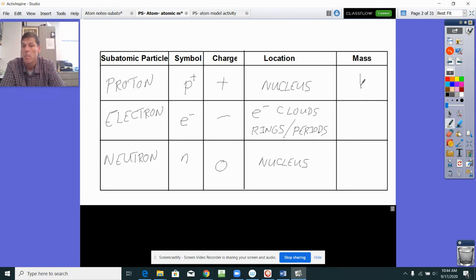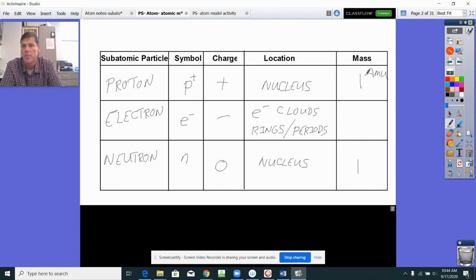A proton has a mass of 1. Technically, it's 1 AMU. We're just going to use the number 1. AMU stands for atomic mass units. Yeah, scientists were a creative group. So protons have a mass of 1. Now, neutrons also have a mass of 1. They're almost identical in size to the proton. A little bit different, but that's okay.